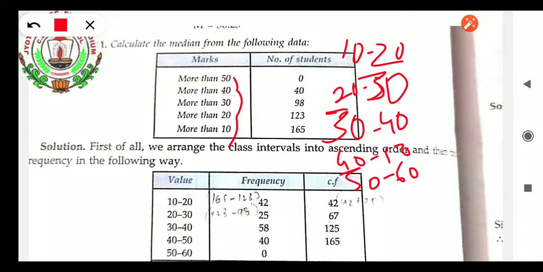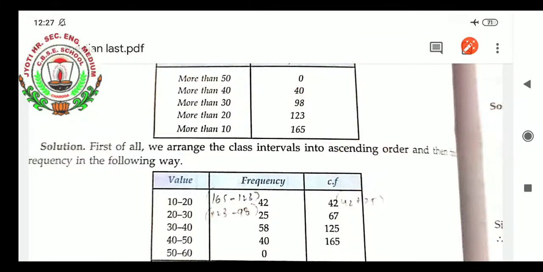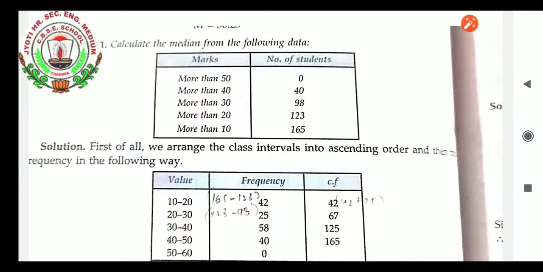Frequency, how do you have to take it? More than 50 means above 50 the frequency is 0. Once again I have to tell, I made the class interval and then noted down the frequency.